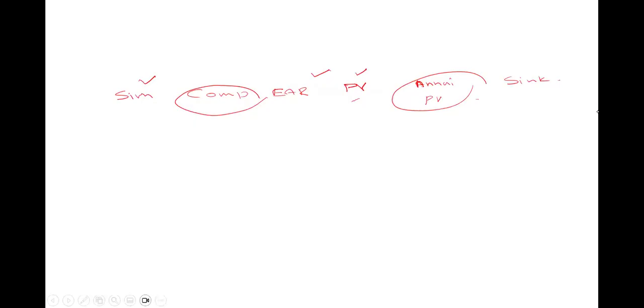Simple interest, EAR, and present value of a single amount. The annuity is also a present value, but it is a series of payments. Here we take the present value of a single amount. Right. These three you can identify clearly after reading the question. Then these three will be identified using the concept.